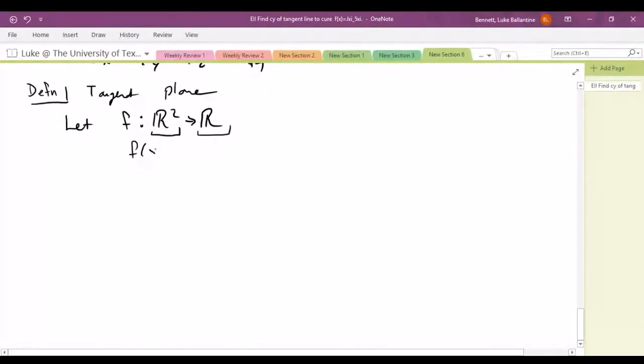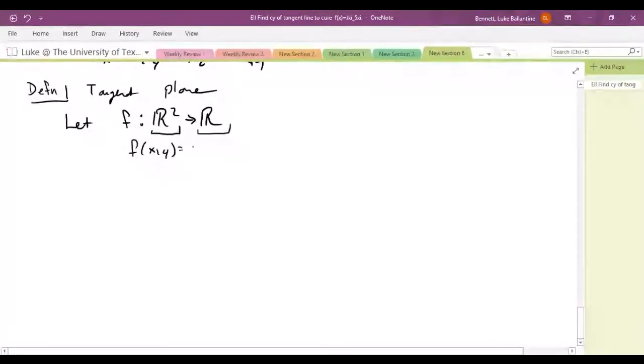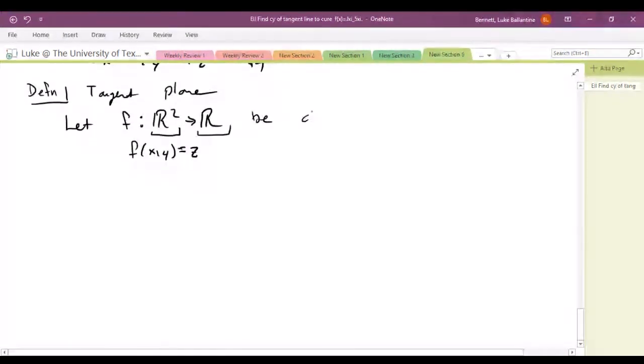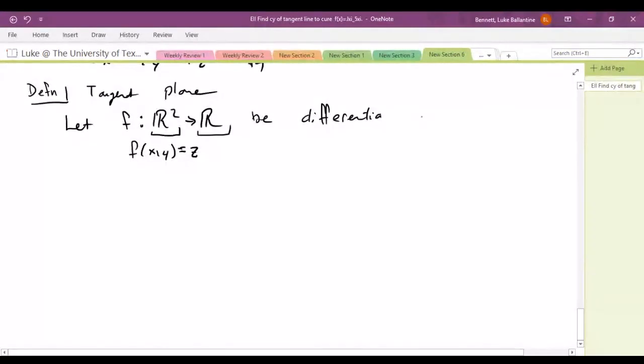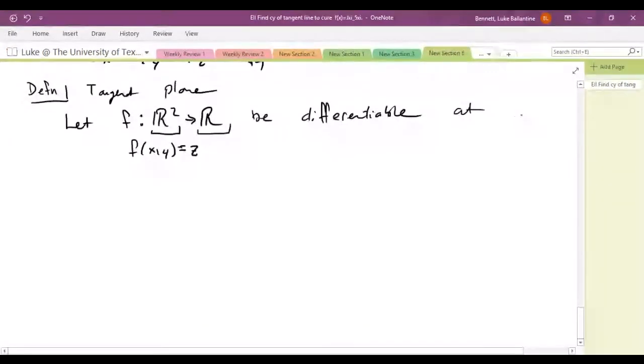So it's going to look like f of x,y equals z. This is a three-dimensional interpretation of a function. So let this be differentiable at x naught equals (x naught, y naught).